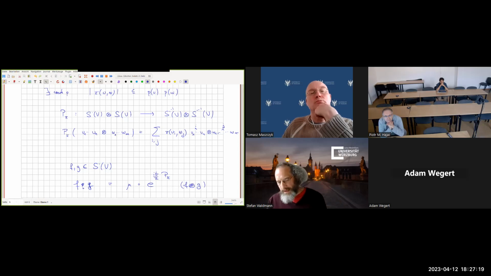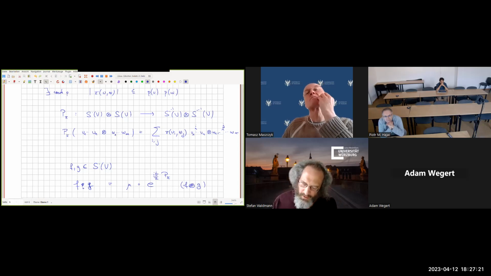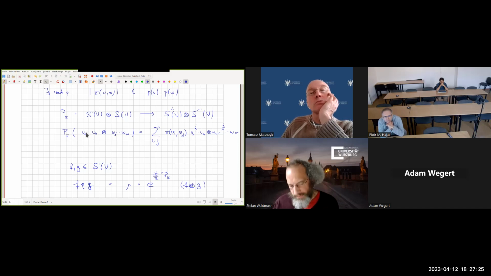So this means that these F and G are sums of expressions like that, symmetric tensor products here, and we pair all factors like that more and more often. All powers of p enter in this exponential series, and you see that this exponential series is in fact a finite summation, because this operator lowers the degree, and at some point no vectors are left.